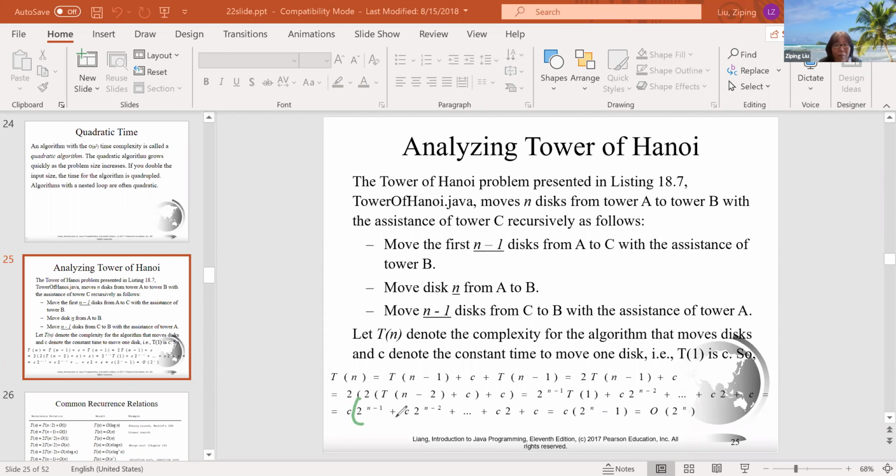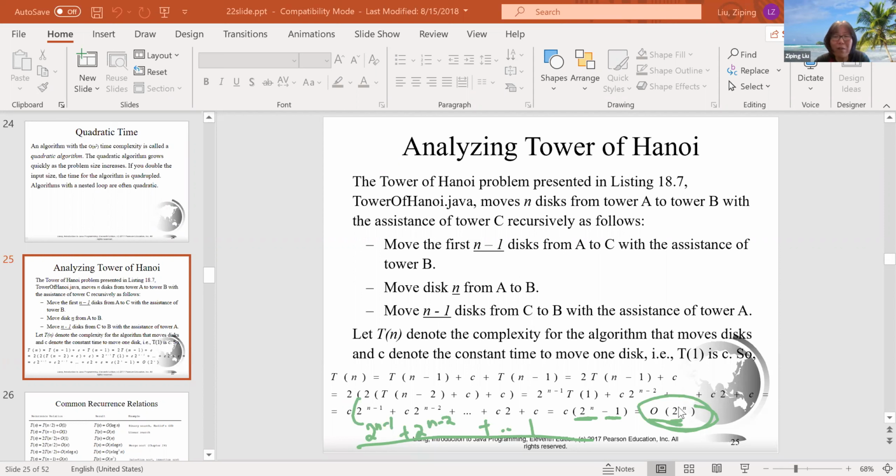That's why you have 2 to the n minus 1 plus 2 to the n minus 2, all the way to 1. And we know this sequence sums to 2 to the n minus 1. So that's how you come up with it. For Tower of Hanoi, in the Big O analysis, you can find its order is 2 to the n.